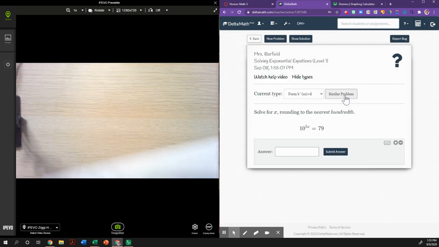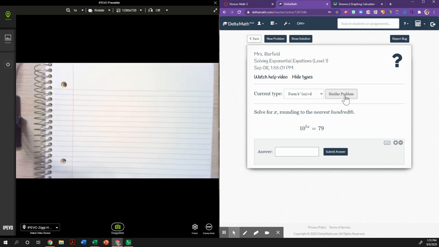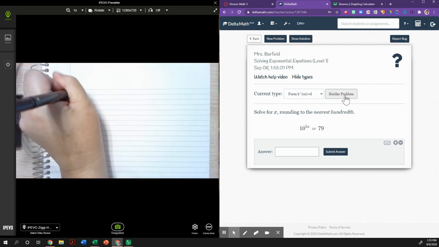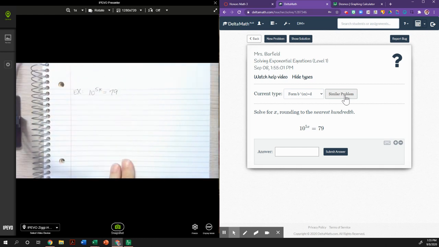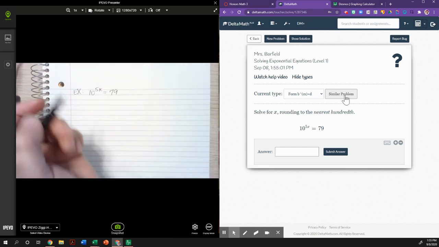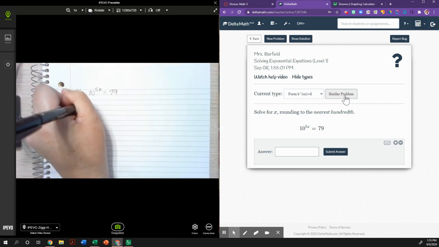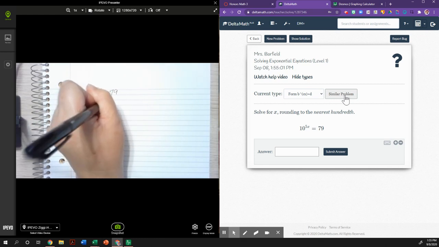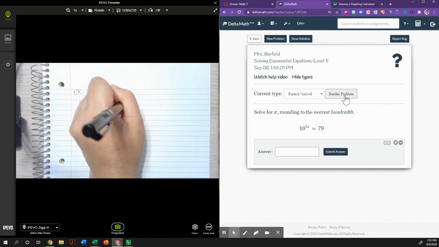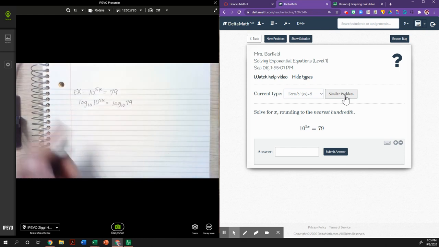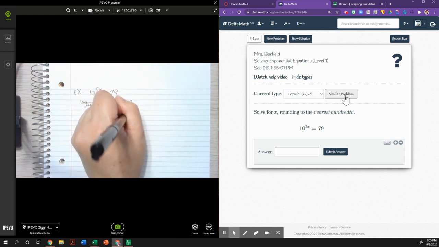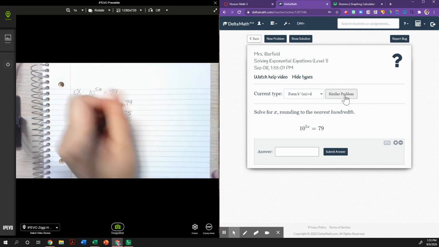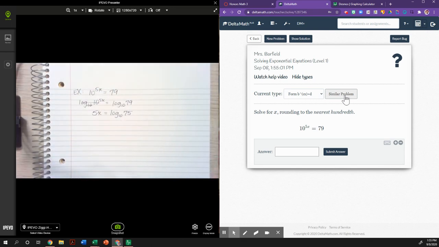So 10 to the 5x equals 79. Same thing. I'm just going to jump right in. So log base 10 of 10 to the 5x equals log base 10 of 79. So the 10 cancels. So 5x equals log base 10 of 79.